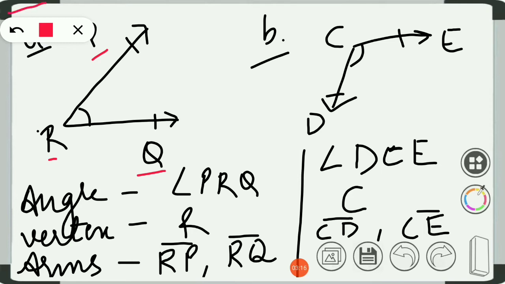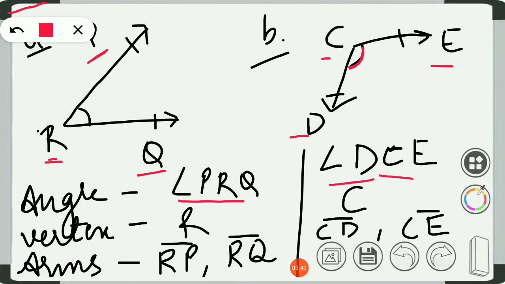We know an angle is formed at the common point where two rays are joined together. So we have angle PRQ. In the same way, in this picture we have angle DCE, because two rays are joined together at a common point. So this forms angle DCE.